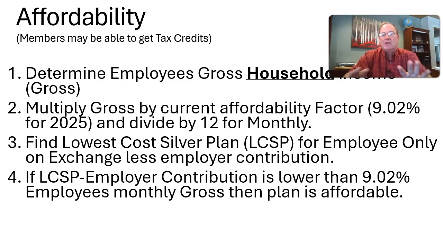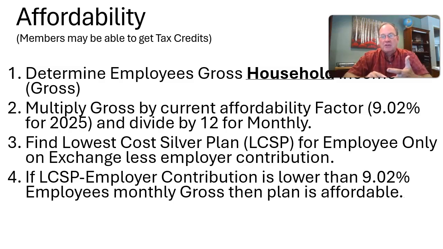So anyway, you need to determine the employee's gross household income for that year. You need to multiply the gross income by the current affordability factor. It changes every year. For 2025, it's going to be 9.02%. So it's whatever they think their income is going to be for the year, times 9.02%, divided by 12, which gives you their monthly income.